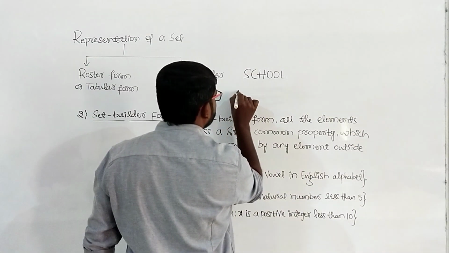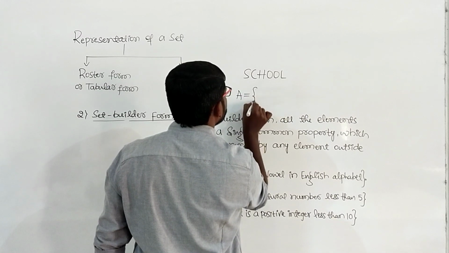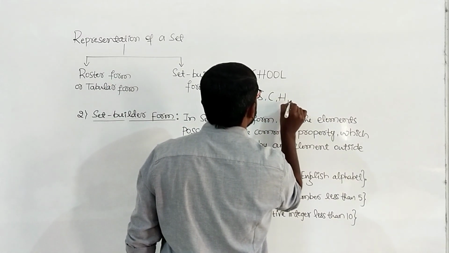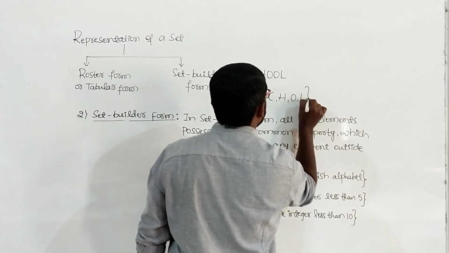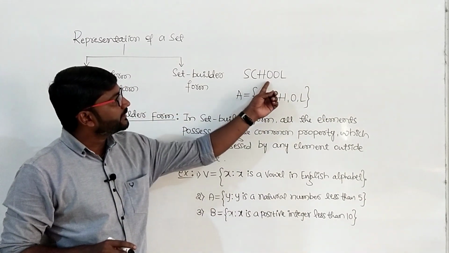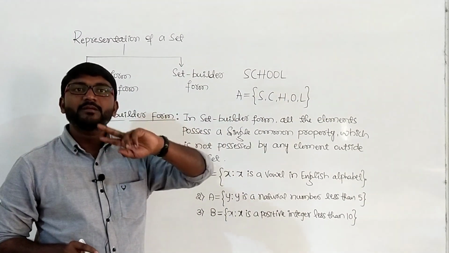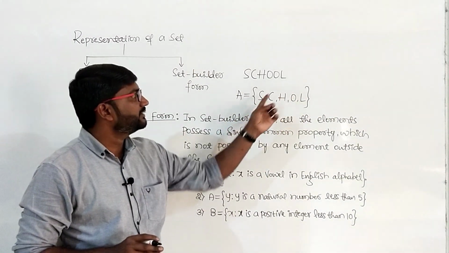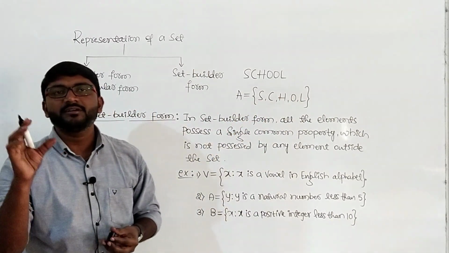So I'll take this as S, C, H, O, L. Observe one thing here: O is repeating. O came two times. So what should we do? We should consider it only once. So S, C, H, O, L are the elements of the word school.